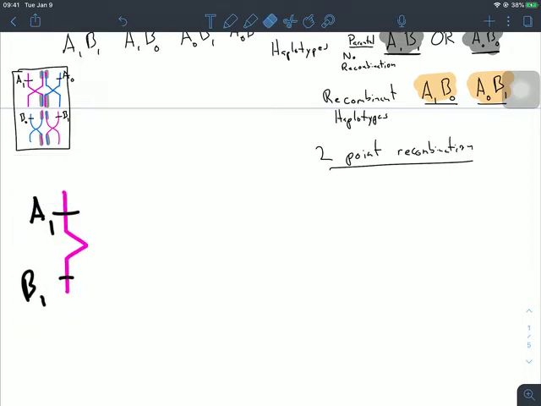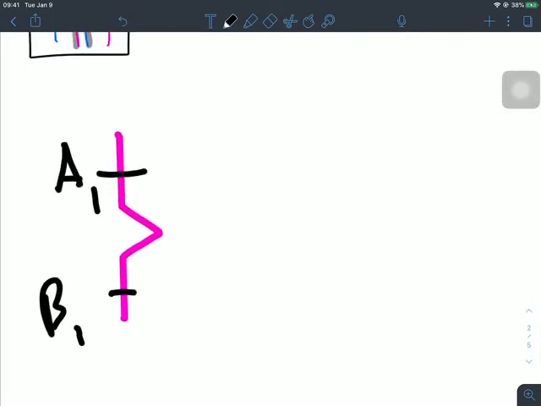We need some sort of recombination to have occurred somewhere in between A1 and B1. Now, I don't know how likely that is, but I can look at progeny ratios and find out.